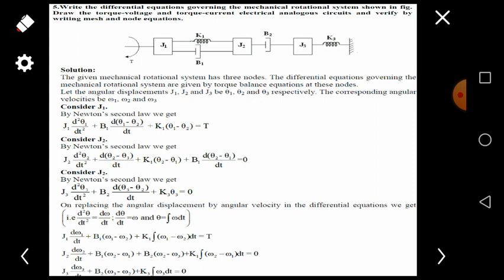J3 into d omega 3 divided by dt plus b2 into omega 3 minus omega 2 plus k3 into the integral of omega 3 dt equals 0.